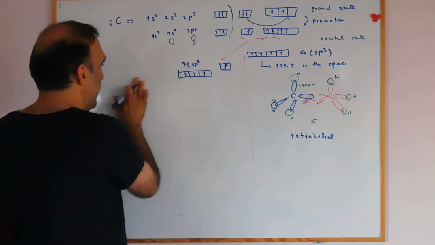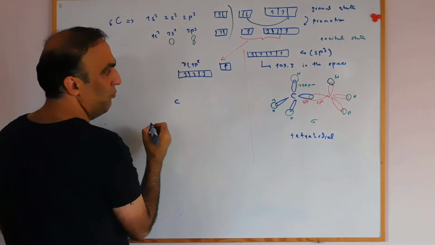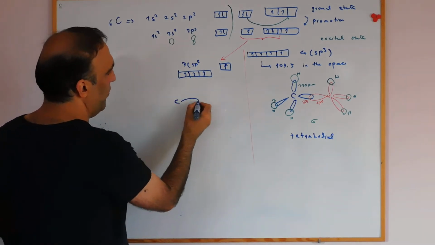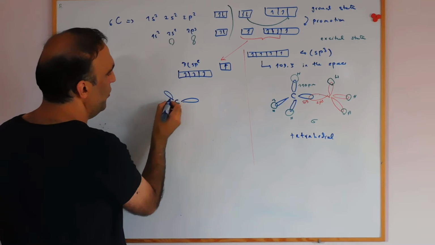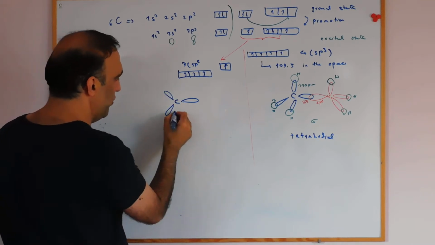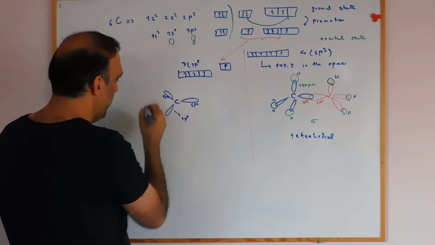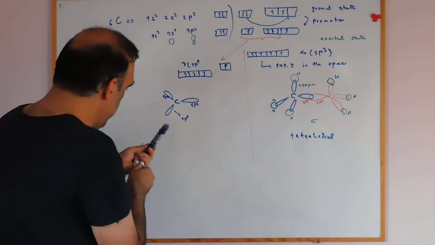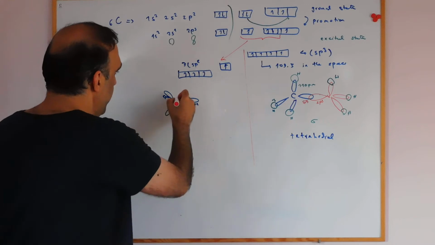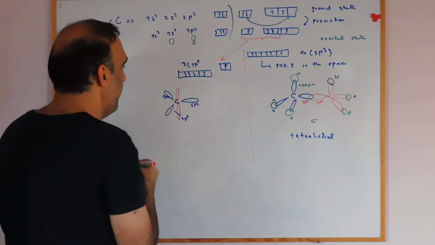If I want to draw this, I have a carbon with one sp2, another sp2, and a third sp2, all are sp2, and the p orbital pz remains here.